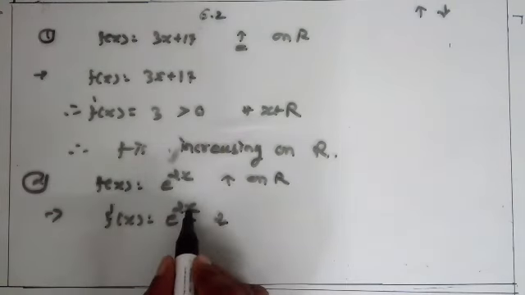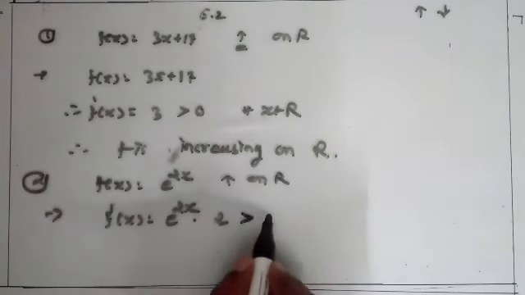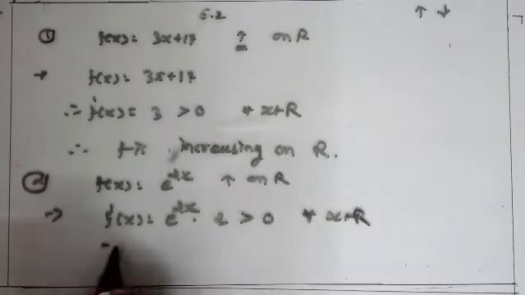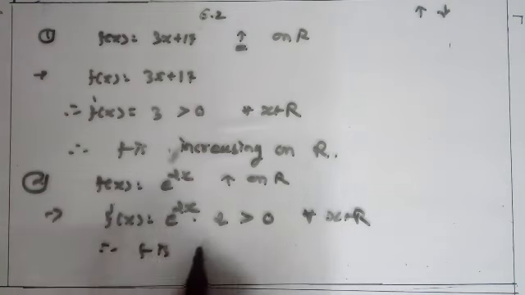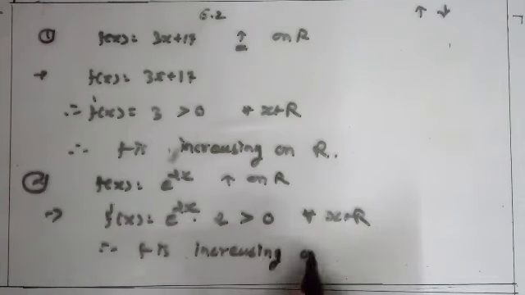For any value of x, e raised to 2x is always positive, into 2 is always positive, that is greater than 0 for all x belongs to R. Therefore, f is increasing on R. Okay?